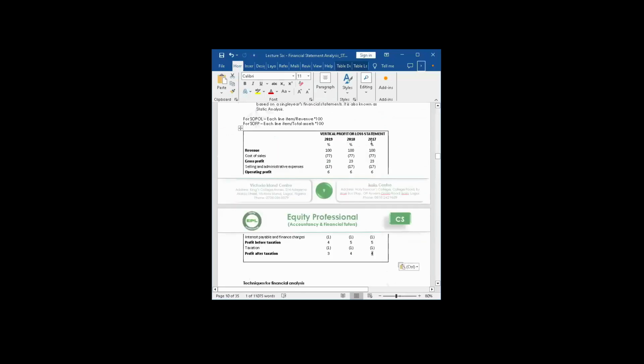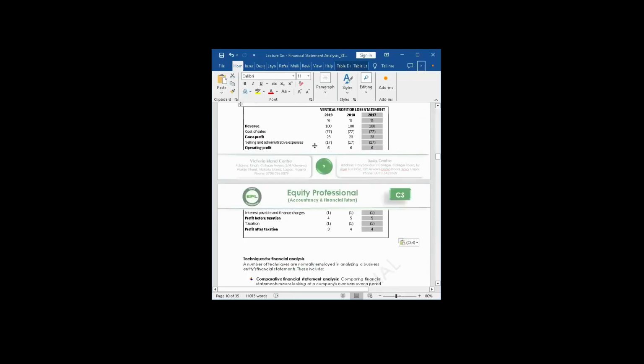So vertical analysis will help us to look at a single year. Of course, we can then compare it over a period of time, which also becomes a form of horizontal analysis. So we can do vertical analysis in form of horizontal analysis too, right? So we have seen 2017, this is for 2018, and this is for 2019.